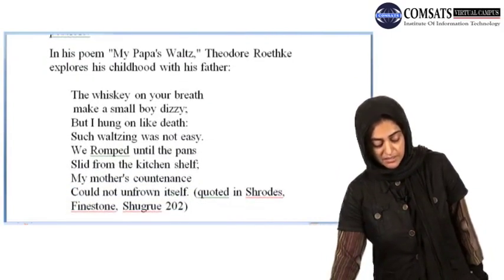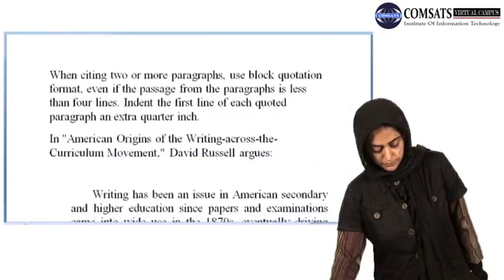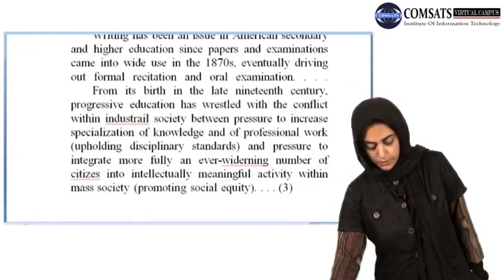For example, if you are missing a single word over there, let me show it to you. Here you can see on the screen, I am highlighting it for you. If you are missing some part of the quotation, you are showing it through periods over there, dots.